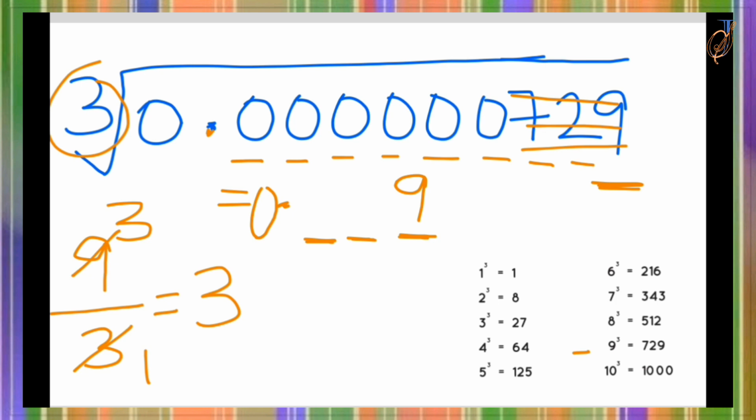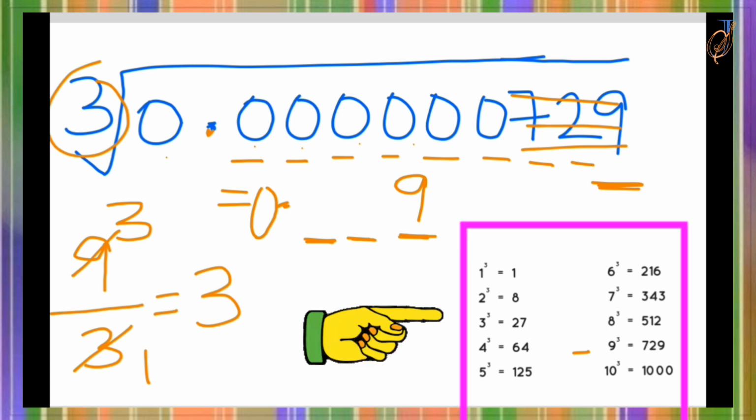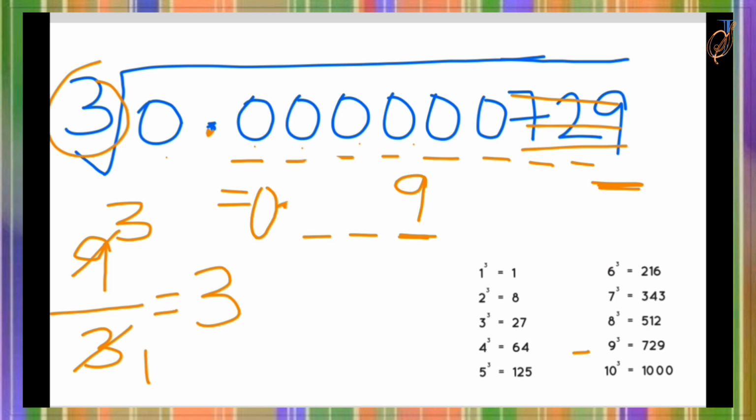Now you are left with the number 0.00000. So if you find the closest cube number less than 0, nothing is there. You just add 0 in remaining 2 places. Cube root of 0.000000729. The result is 0.009. Like this, simply you can find the cube roots of decimal numbers.